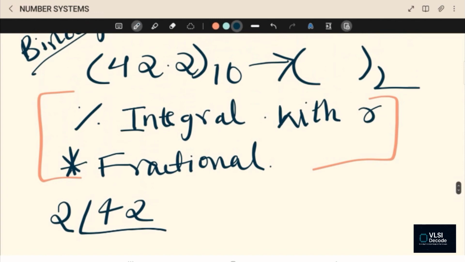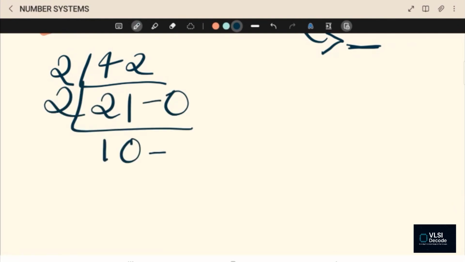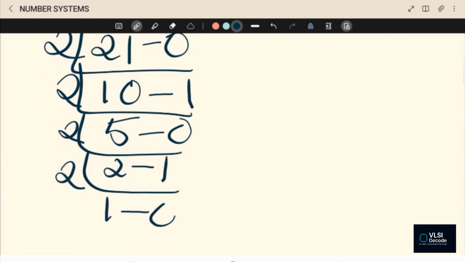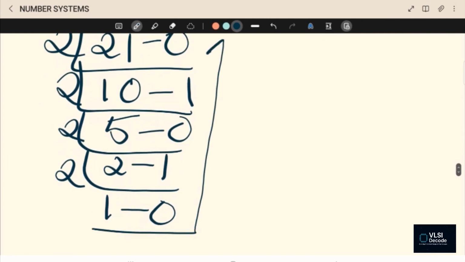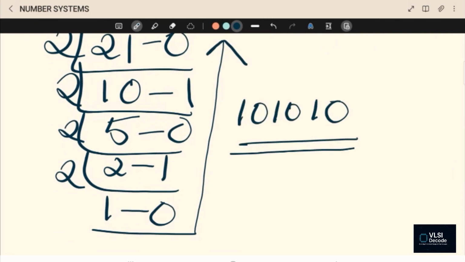Let's do it. Here the required form is 2, the radix is 2. That is why I am dividing the 42, the integral part, with 2. If you perform this, what you'll get? You'll get some value. So after performing division method, you have to take the values from bottom to top. Okay. So this will be your integral value.